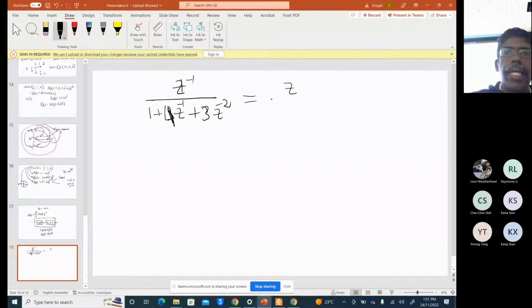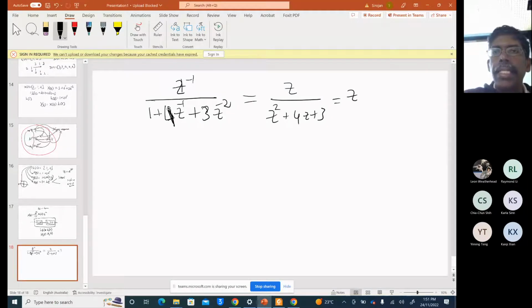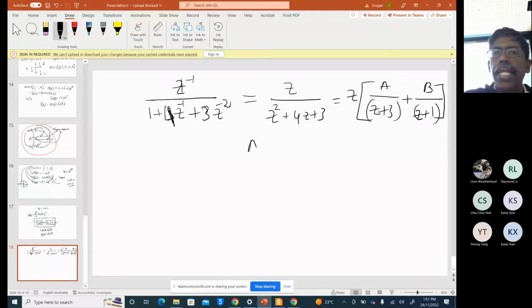So here it becomes z over z squared plus 4z plus 3. Then what you do is a partial fraction. So what is the factor of this one? A over z plus 3 plus B over z plus 1. Then you should be able to calculate A and B.